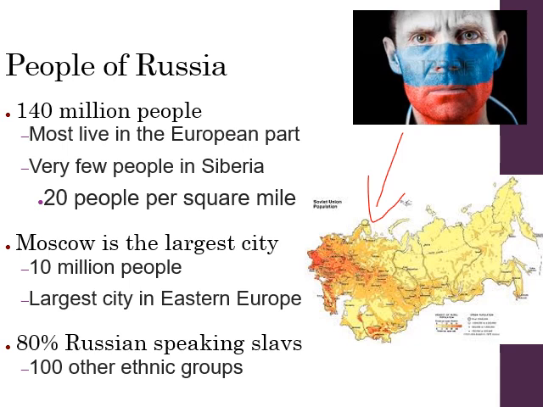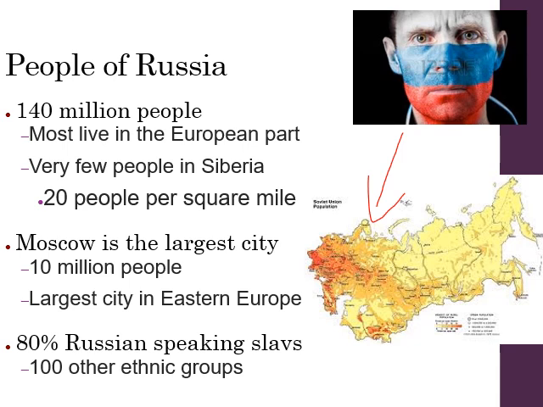The largest city is Moscow, and Moscow has about 10 million people. It's really the largest city in all of Eastern Europe, as well as the largest city in Russia. And in Russia, about 80% of the people are Russian-speaking Slavs, and Slavs are the very first people to come into and establish Russia, as we'll learn in the history section.